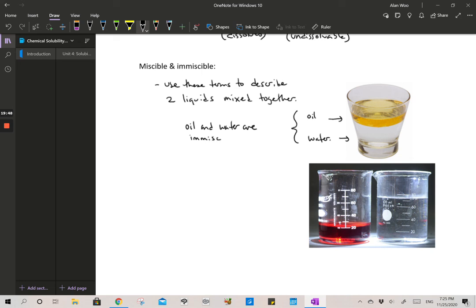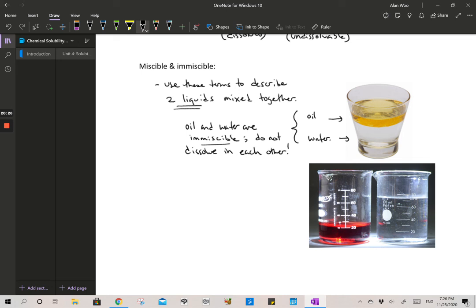So immiscible meaning they do not dissolve in each other. Okay. You can also say that they're insoluble. People understand what you're talking about. But usually when it's two liquids, okay, the proper way of describing the two would be immiscible.